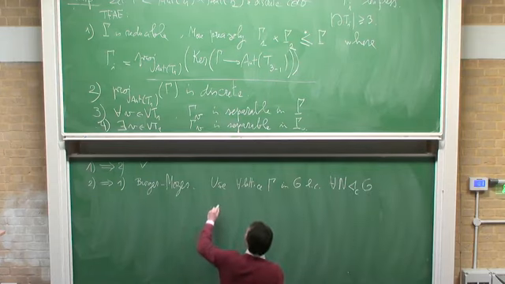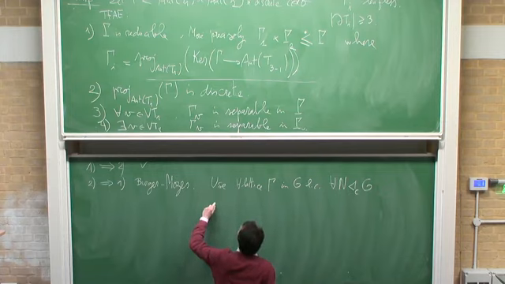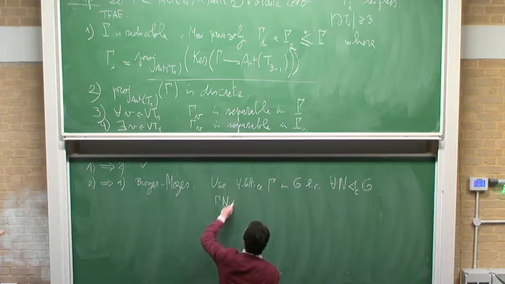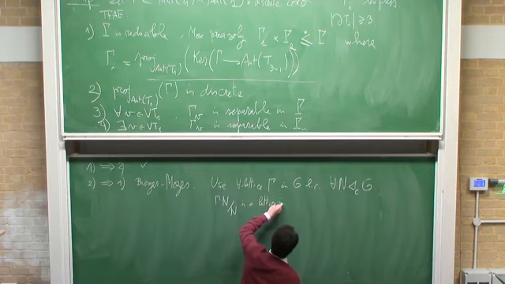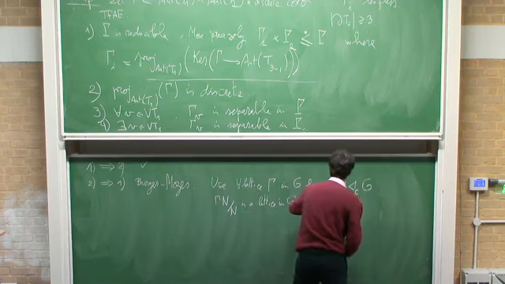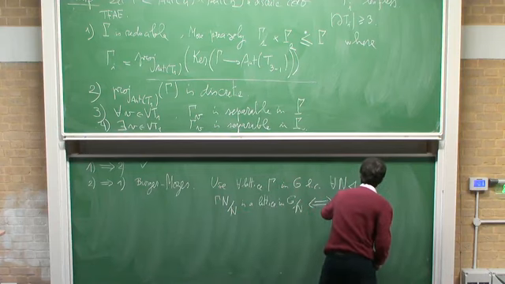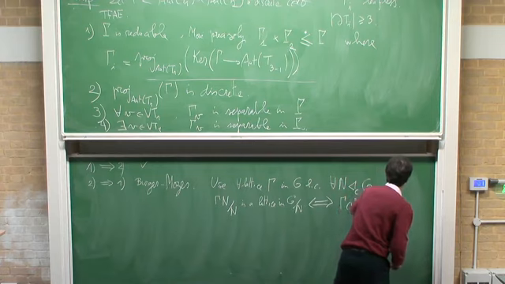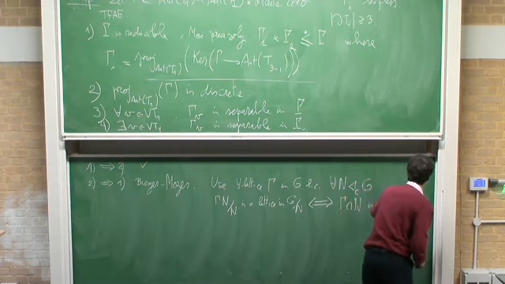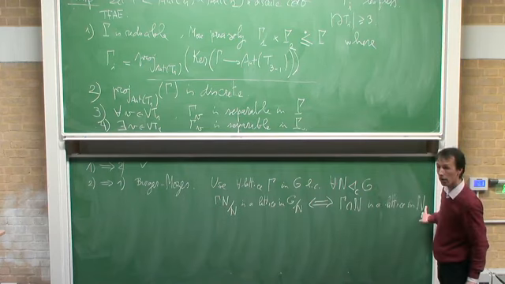So then gamma N mod N is a lattice in G mod N if and only if gamma intersecting with N is a lattice in N. Okay?